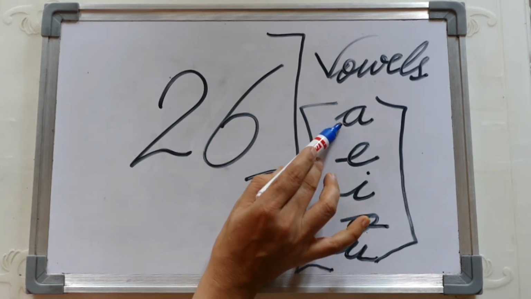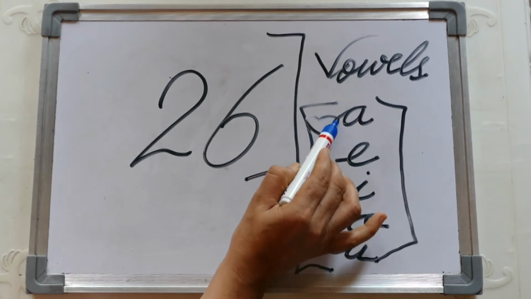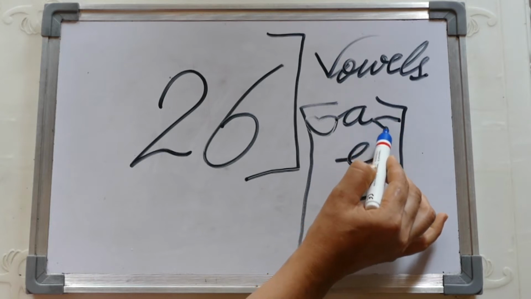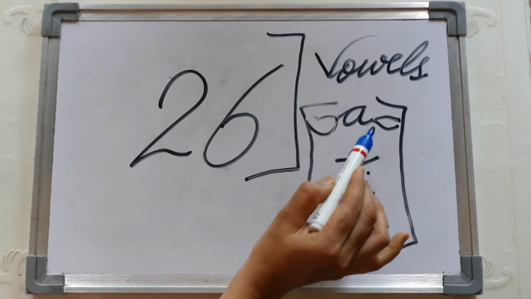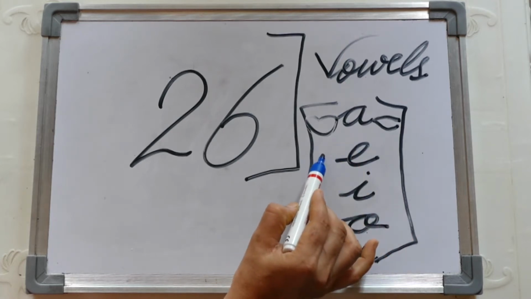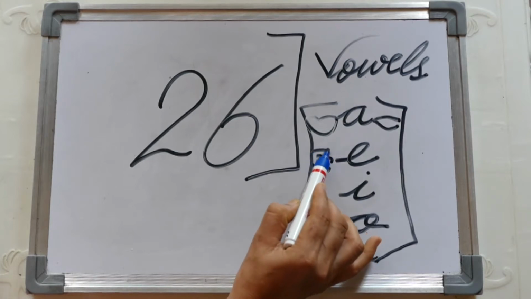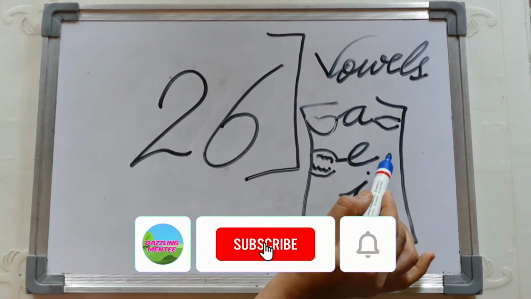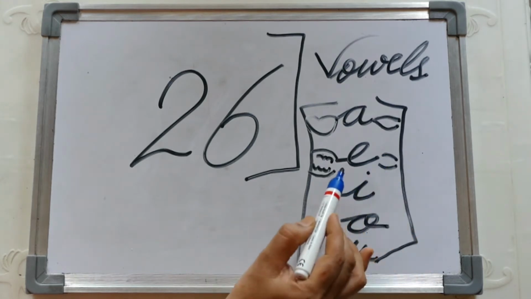Just like A sound is, you have to open the mouth big, and you have to open the mouth very little. Just like E sound is E. You have to show your teeth in the mouth, E. And second sound is E. You have to open little mouth and what you will say?